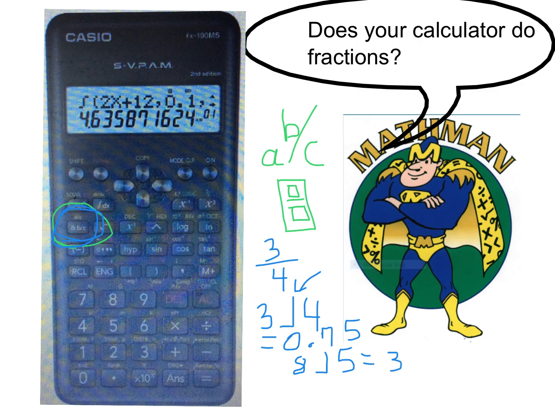So you would put that in your calculator, and when you press equals, it's going to put it down into lowest terms in mixed form for you. So 8 over 5 is 1 and 3 over 5, and that's the answer you're going to get. And as long as you know how to read that from the screen of your calculator, then you'll be able to write your answer as 1 and 3 over 5.